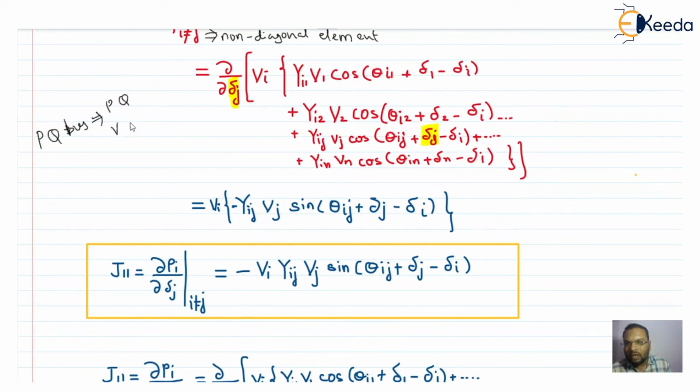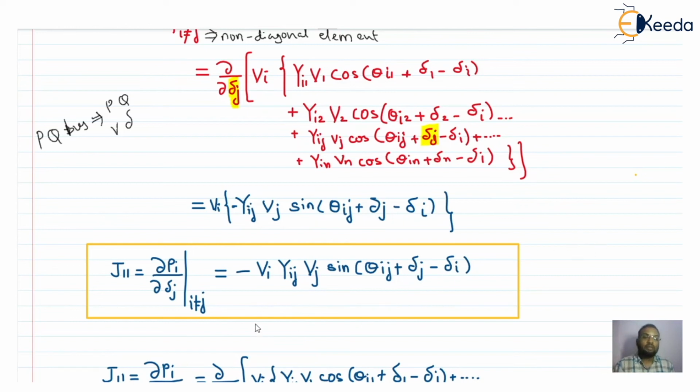What we are doing is assuming some value of voltage and phase angle. This assumed value we can put here and we can get the value of this J11 off diagonal term. We have to take care of the respective i, j. So the terms related to J11 you can get with the help of this equation.